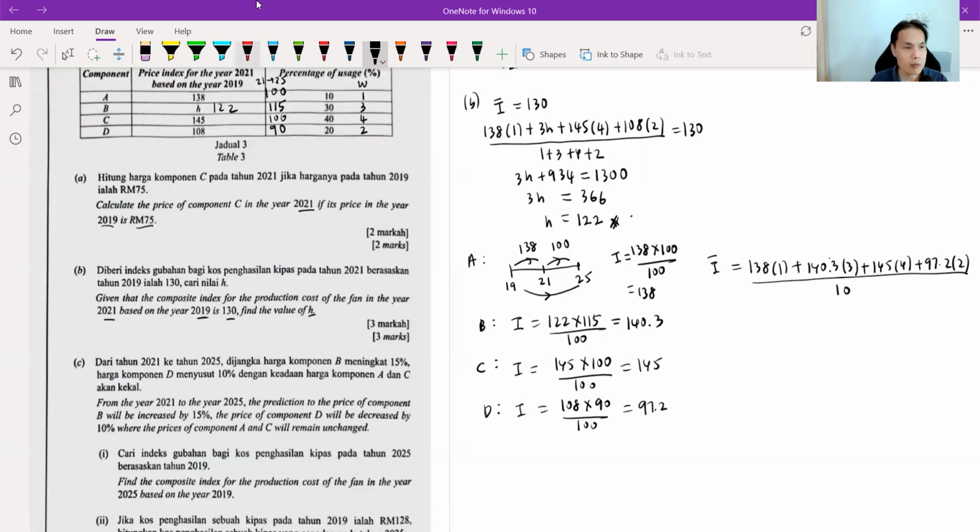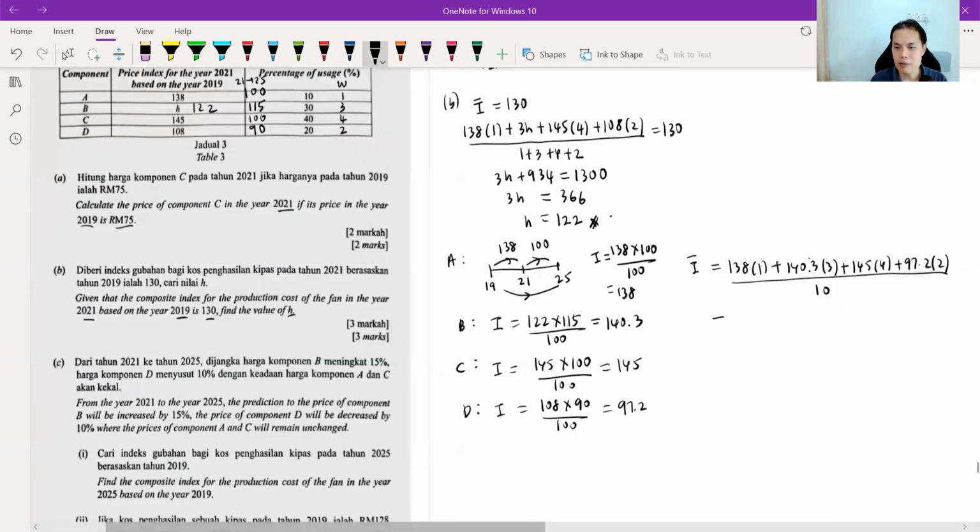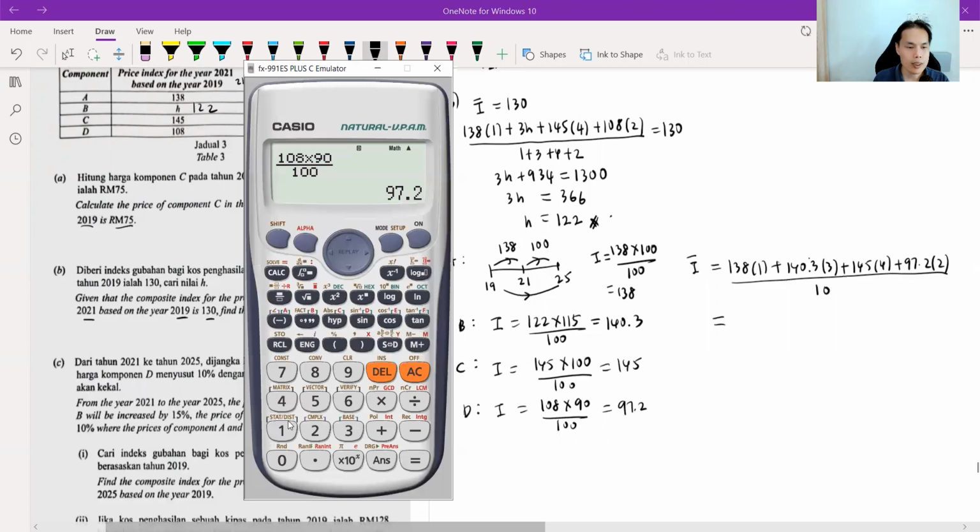I don't have to recalculate; we know the total weightage is 10. Okay, let's move it over a bit. Now, use your calculator. 138 plus 140.3 times 3, 145 times 4, next one 97.2 times 2, divide by 10. Okay, my answer is 133.33.